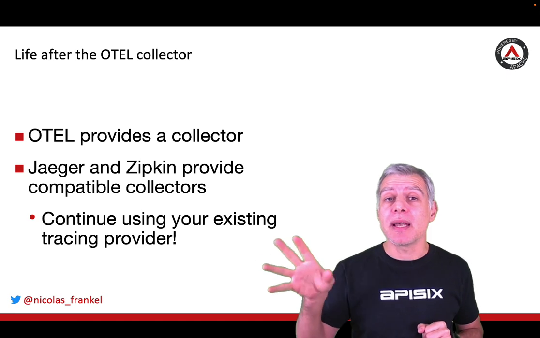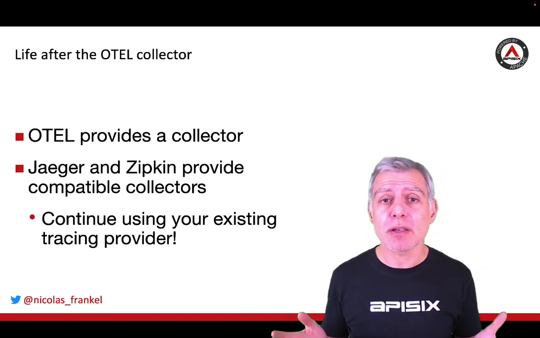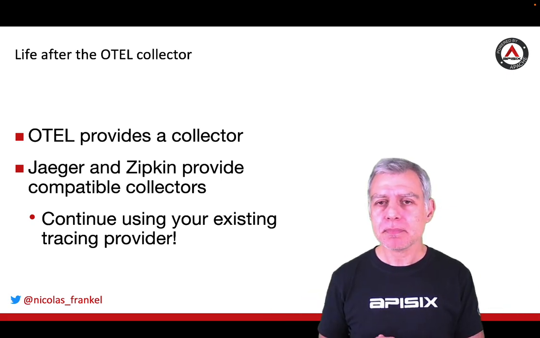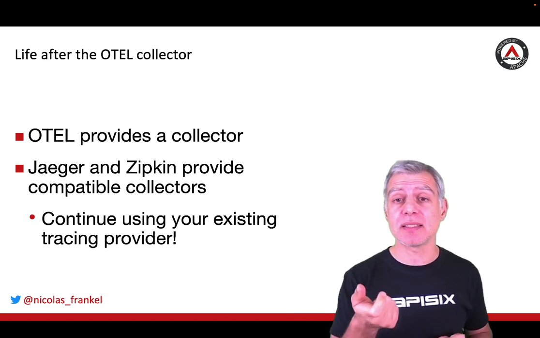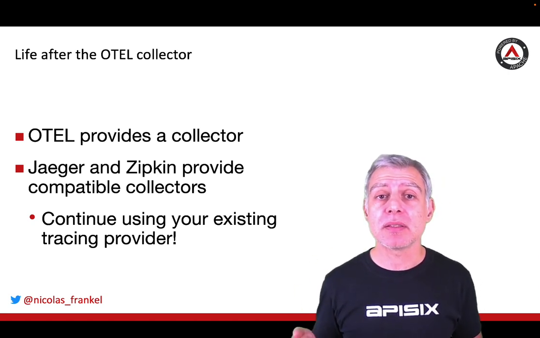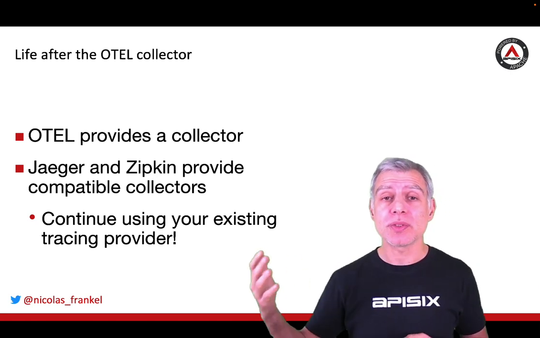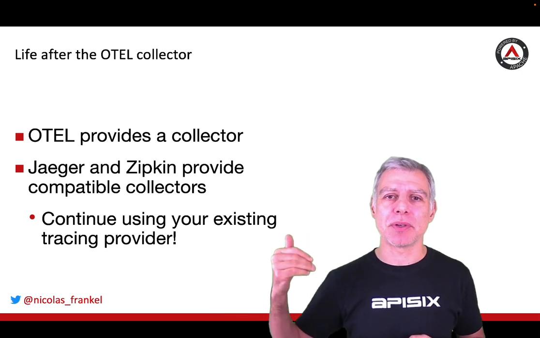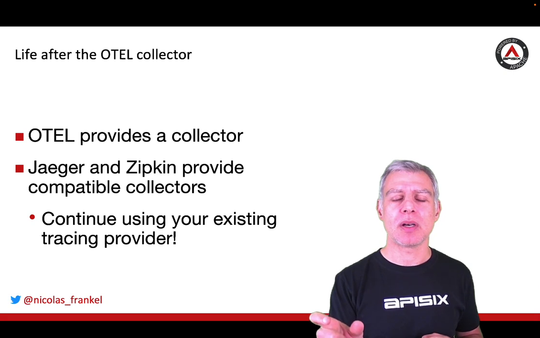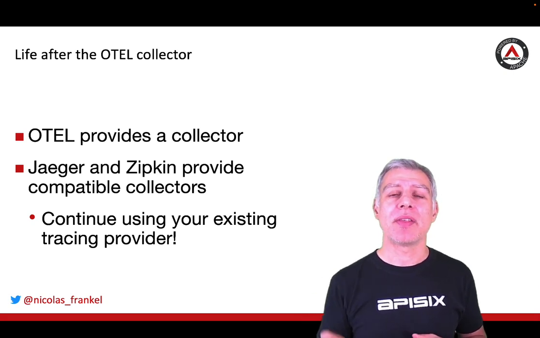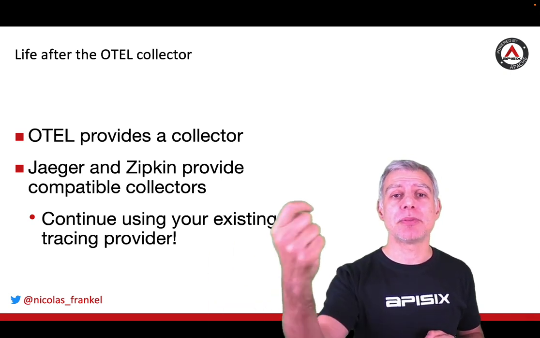The OpenTelemetry collector in itself doesn't provide anything. It's just storage in a certain format, so we need something afterwards. OpenTelemetry provides a dedicated collector, but actually Jaeger and Zipkin, which are also tracing providers, also provide a collector which accepts OpenTelemetry data.